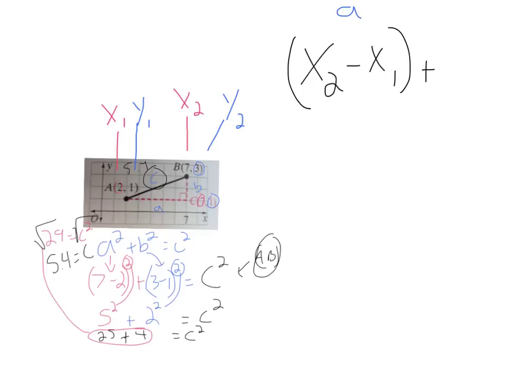Plus, I also said y2 minus y1, that's this value minus this value, which was my b, correct? Now I went ahead and squared them, put a little squared there. And I said that all of that equals this length right here, which was c, correct?